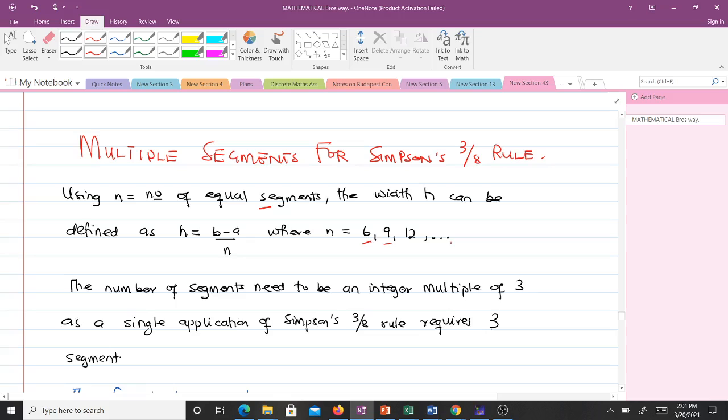So it says the number of segments n needs to be an integer multiple of 3, as a single application of Simpson's 3/8 rule requires 3 segments. So if you need to apply it twice, then you need 6. If you need to apply it 3 times, then you need 9 segments.